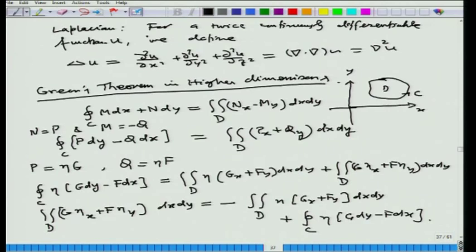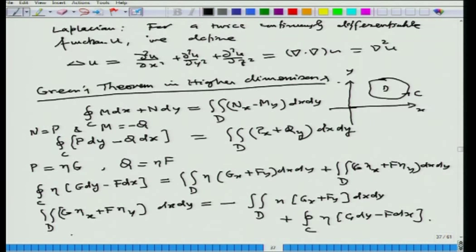So, Green's theorem gives us the general way of the same formula which we had in one dimension. Recall that the integration by parts formula was integral from a to b of u v prime dx is minus integral of u prime v dx plus u v evaluated at a to b.